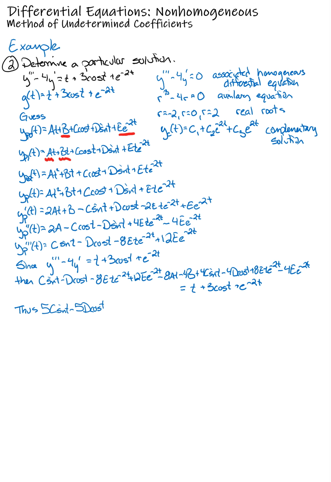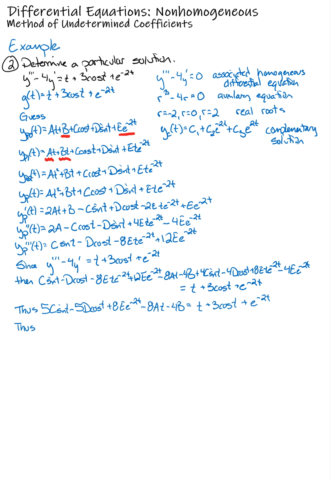Well, a couple of terms cancel. 12 minus 4, we have plus 8e e to the negative 2t minus 8at minus 4b is equal to t plus 3 cosine t plus e to the negative 2t.